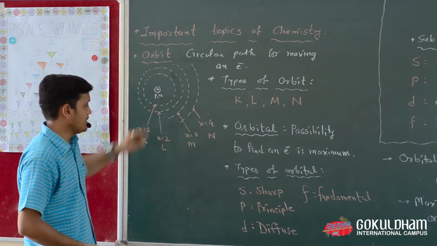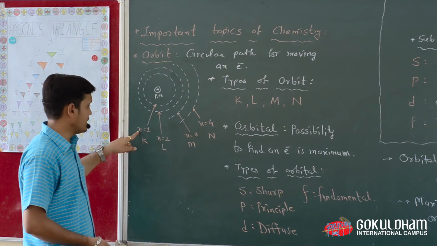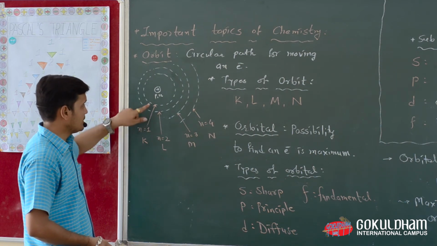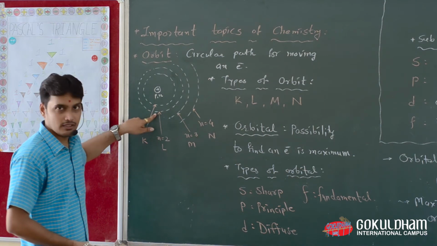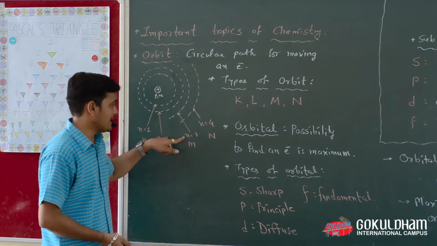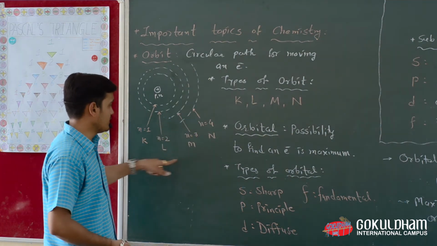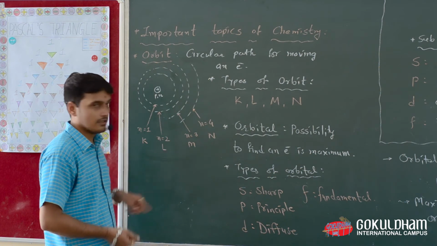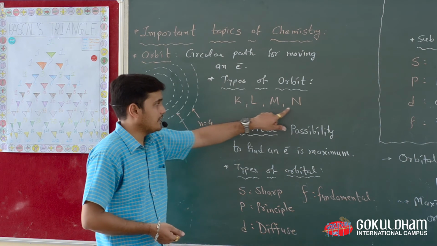These orbits can be shown by the quantum number n, that is n is equal to 1, our first orbit, n is equal to 2, our second orbit, n is equal to 3, and n is equal to 4. These are the four main types of orbit: K, L, M and N.